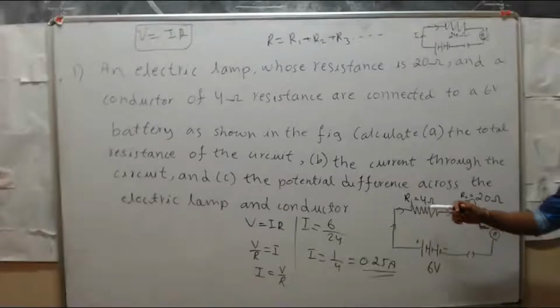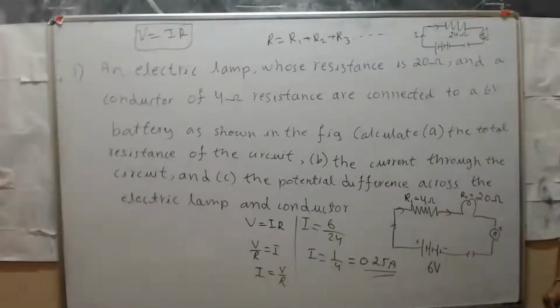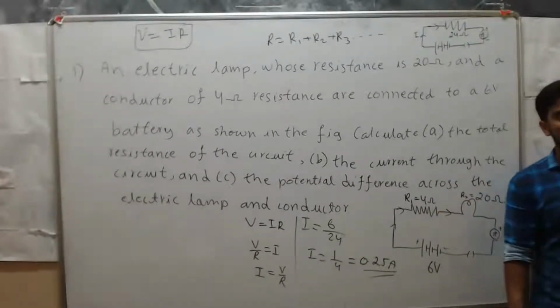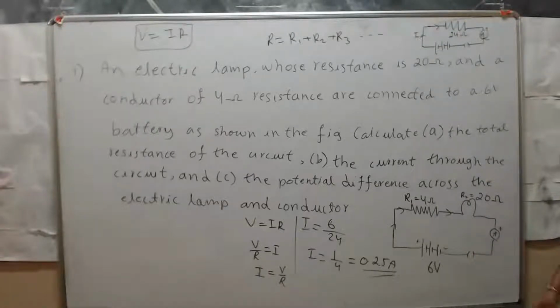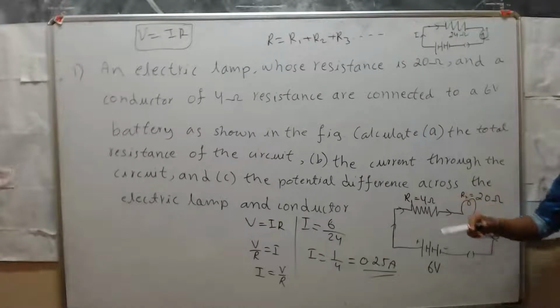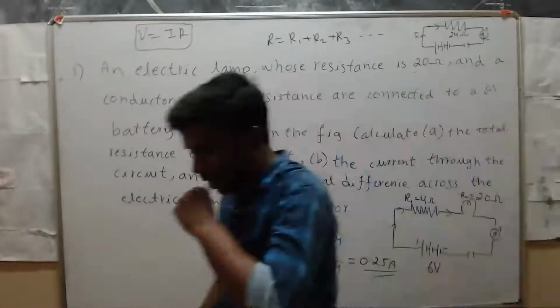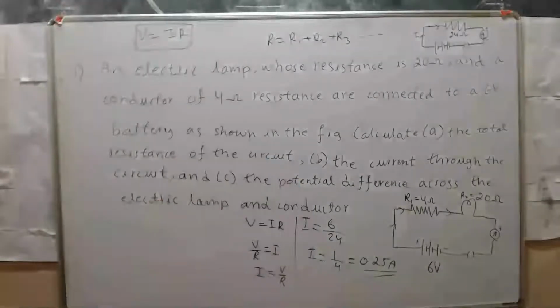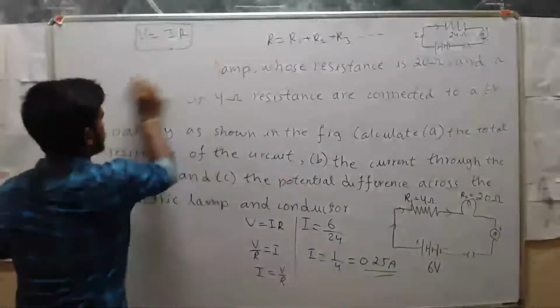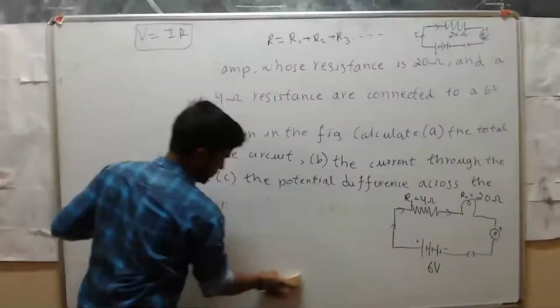Because here both the resistors are connected in series. In series, voltage is different. So that's why. So now our work is to calculate voltage across R1 and R2 or electric lamp and conductor.